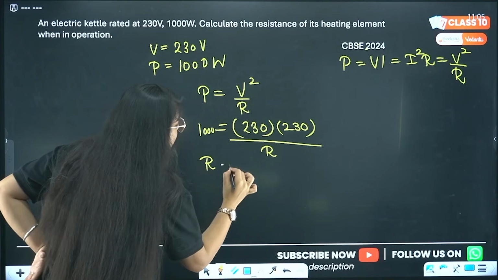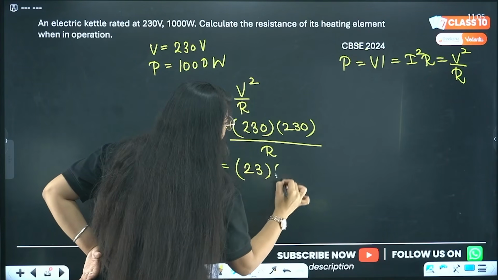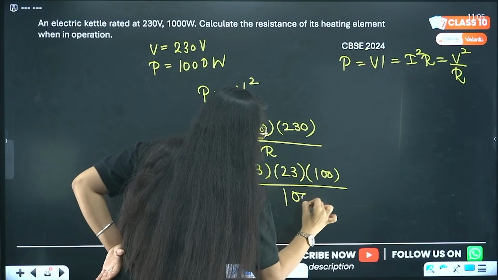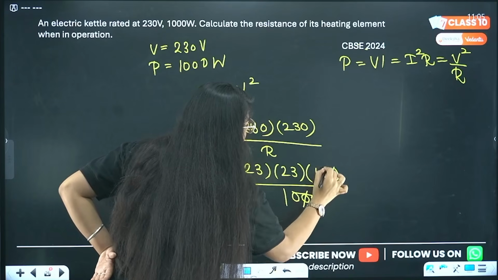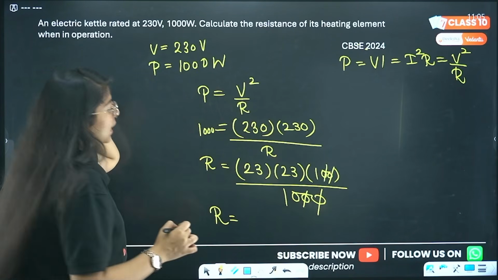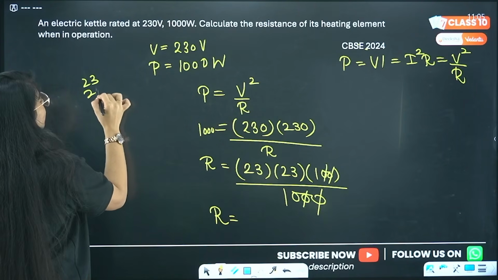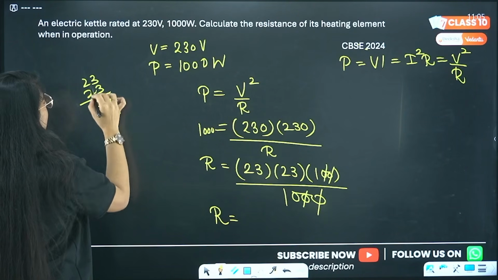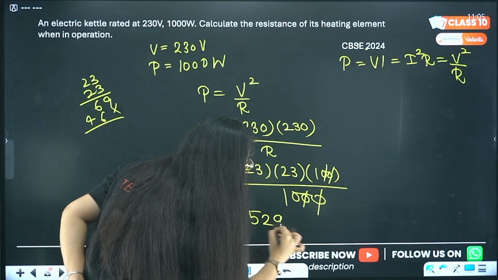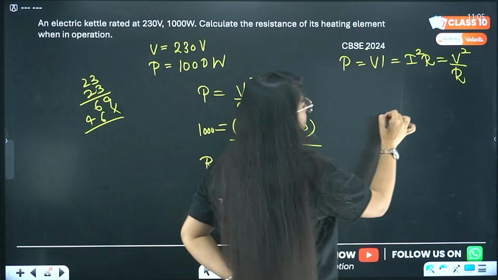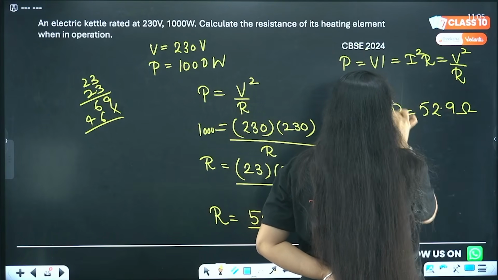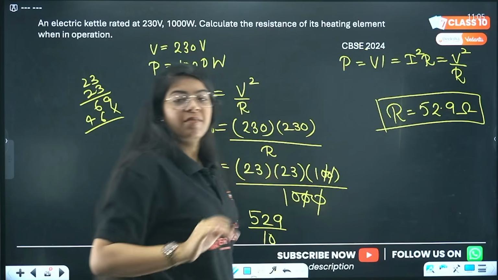So R is 23 into 23 into 100 divided by 1000. The 2 zeros get cancelled out. Now 23 into 23 is 529. Divided by 10, the resistance will be 52.9 ohm. Understood everyone?